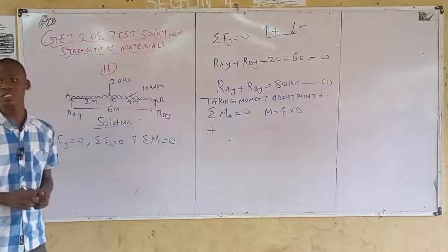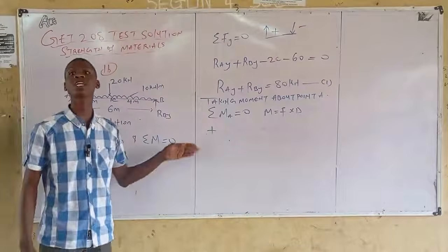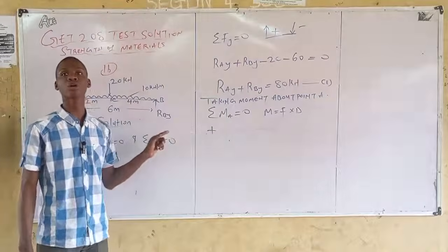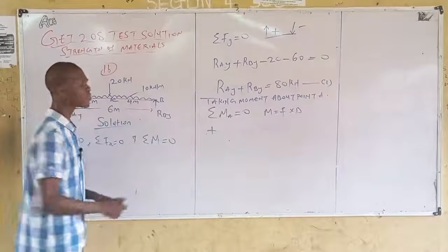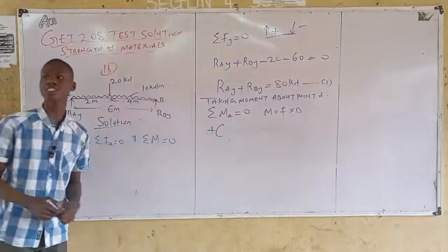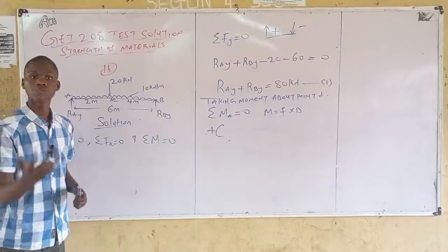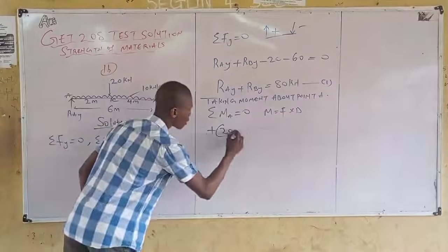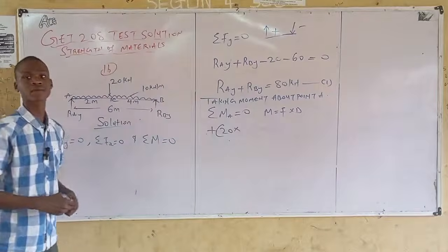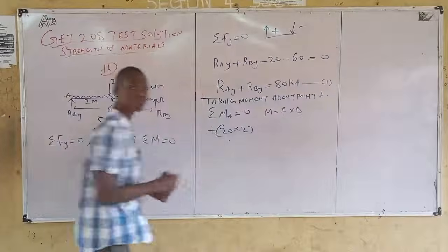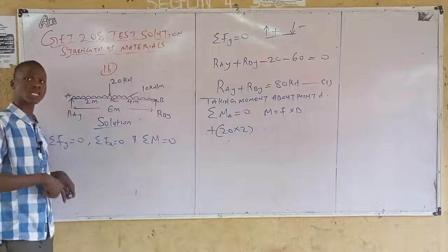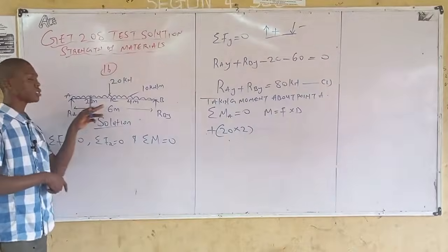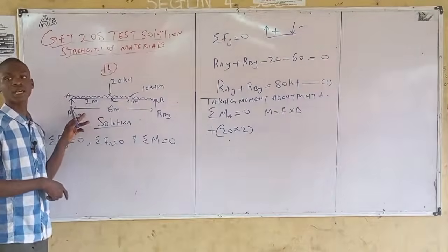Do you know why it is positive? Because it is going in the direction of your work clock. Meaning positive open bracket. What is the force in this case? 20. What is the distance? 2 meters. And why is it 2? Before you get to the point you are taking the moment, the distance to get there is what?